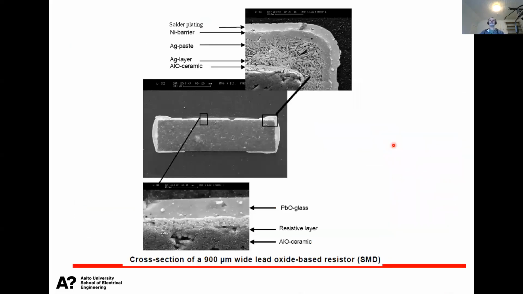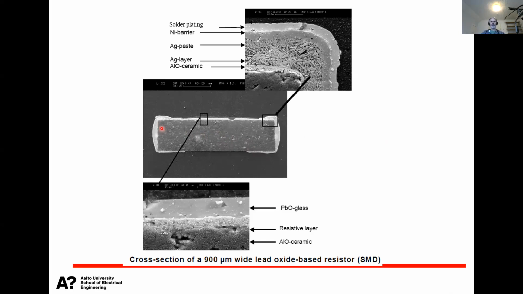So here we have a typical structure of a thick film resistor. If we start from here, in a thick film resistor, most of the volume is just substrate, doing nothing. This part here is an aluminium oxide block, just a ceramic block, which is our building block for the actual substrate.